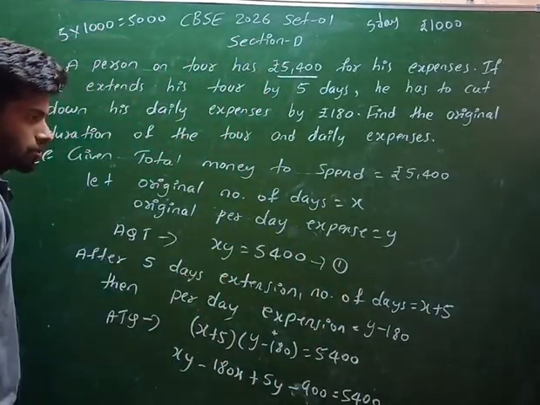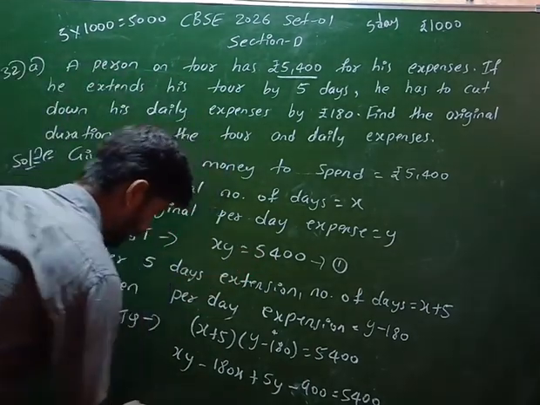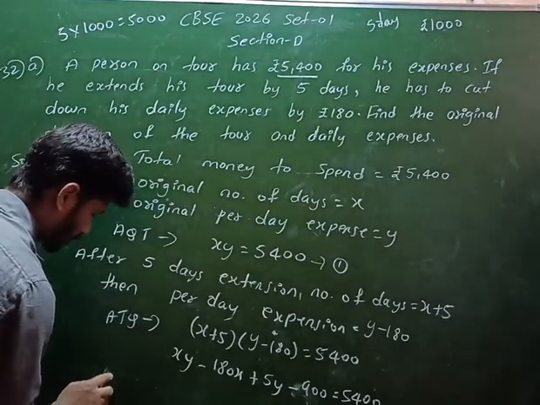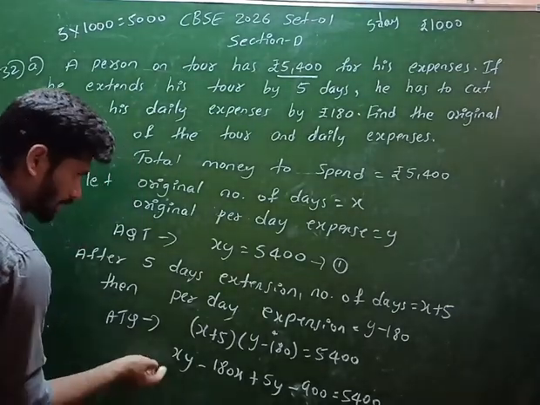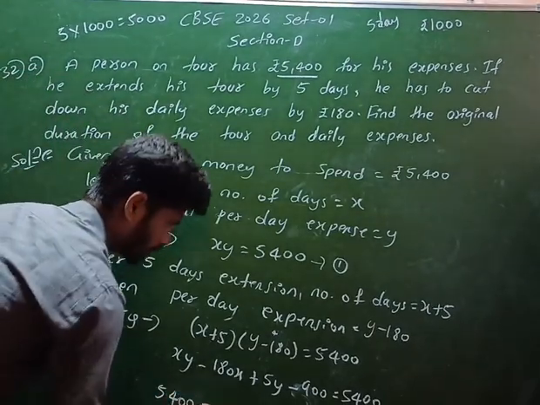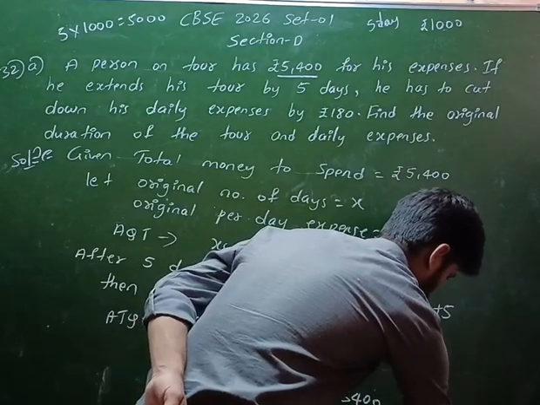Now from equation 1, substitute x into y as 5,400. You can just write 5,400 because you give the reason: x into y is equal to 5,400.